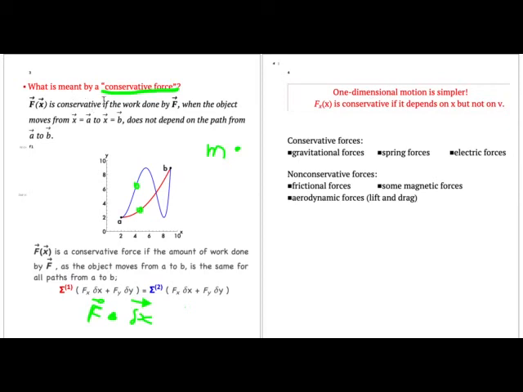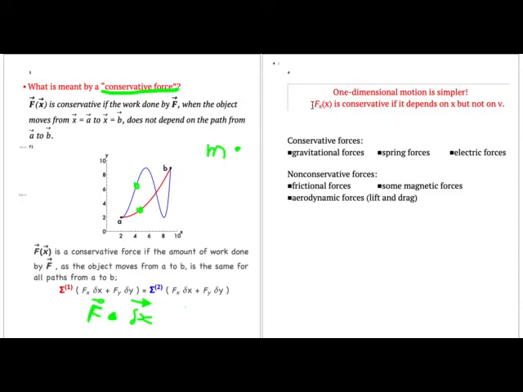Now, I've described conservative forces in 2 dimensions here, but it would be the same idea in 3 dimensions. One-dimensional motion is simpler. If you have motion on a line, just not moving around in a plane or in a 3-dimensional volume, but just moving along a line, then it's a much simpler situation.